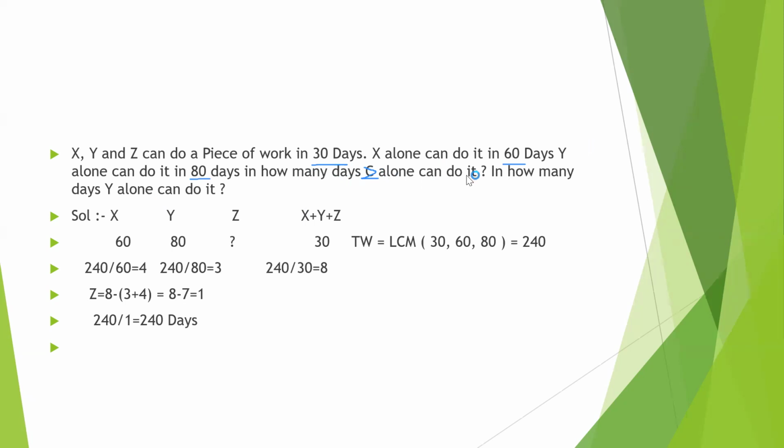So again, X alone can do it in 60 days. Y alone can do it 80 days. In how many days? So this is there is no, this is not in the question. So here we see that in how many days? Here Z. In how many days? Z alone can do it.